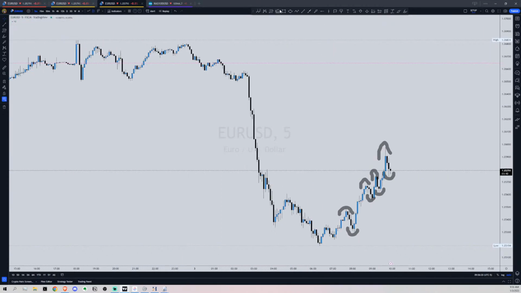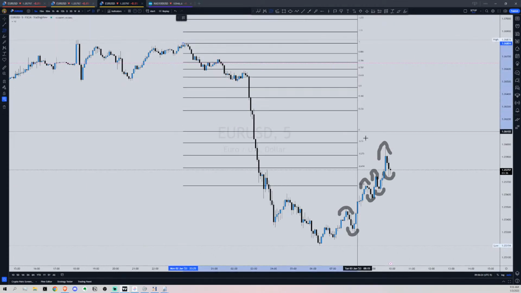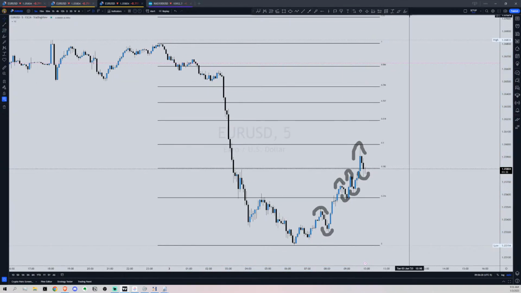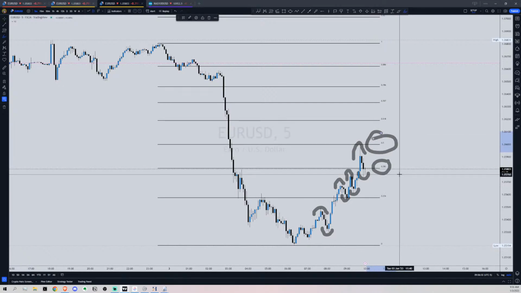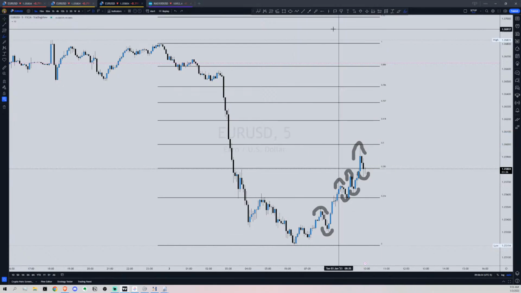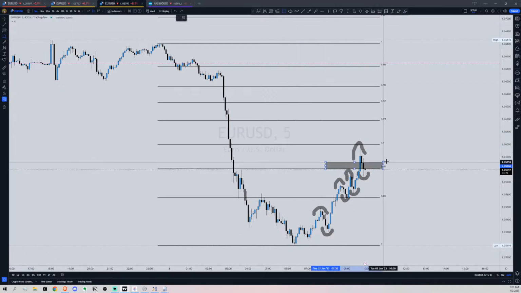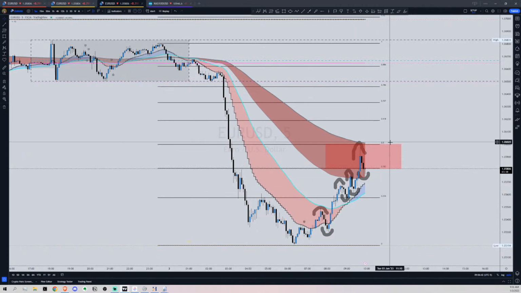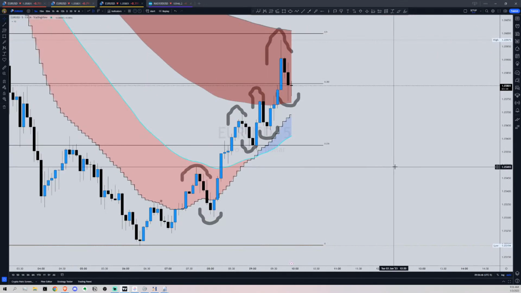When I bring on my measurement tool, it's to get an idea of how far price has retraced back. I can see in the area of 30 to 50%. We are now in that area. To save my time, I'm going to use my EMAs to do that. That's why you see the red cloud.